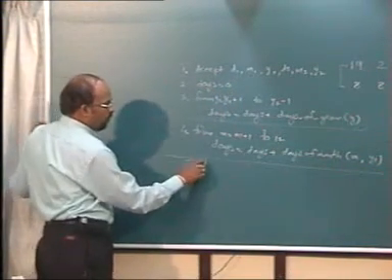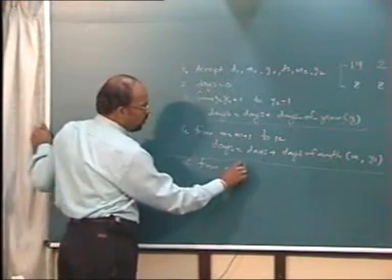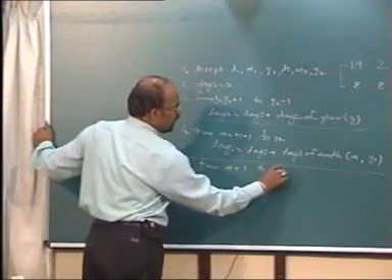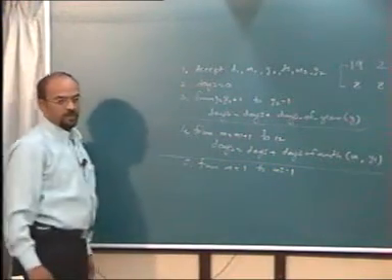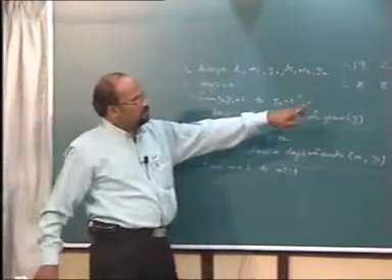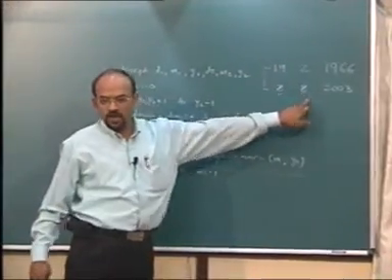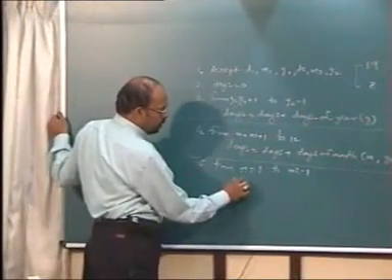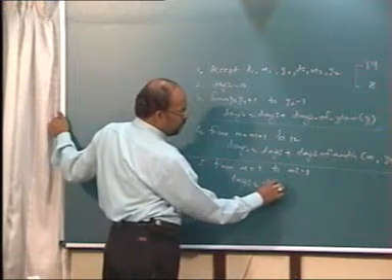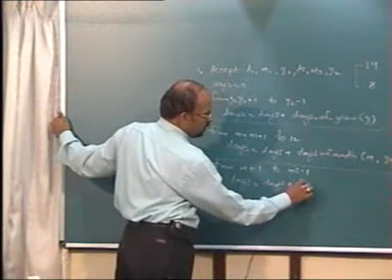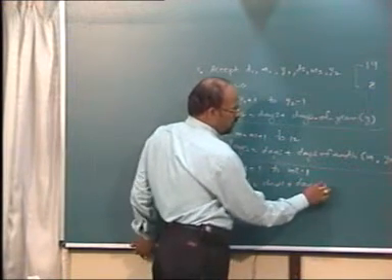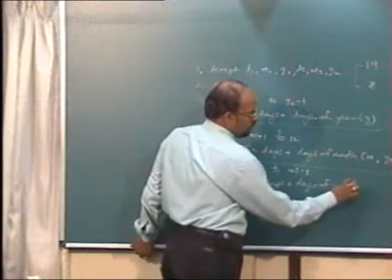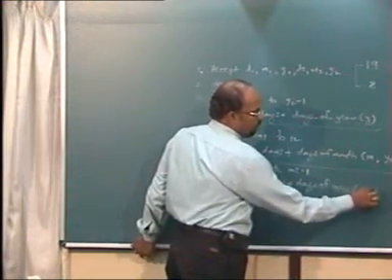From M equal to 1 to M2 minus 1, that is from January till July in the second date, I will have to do the same job. Days equal to days plus days of month M in year Y2.